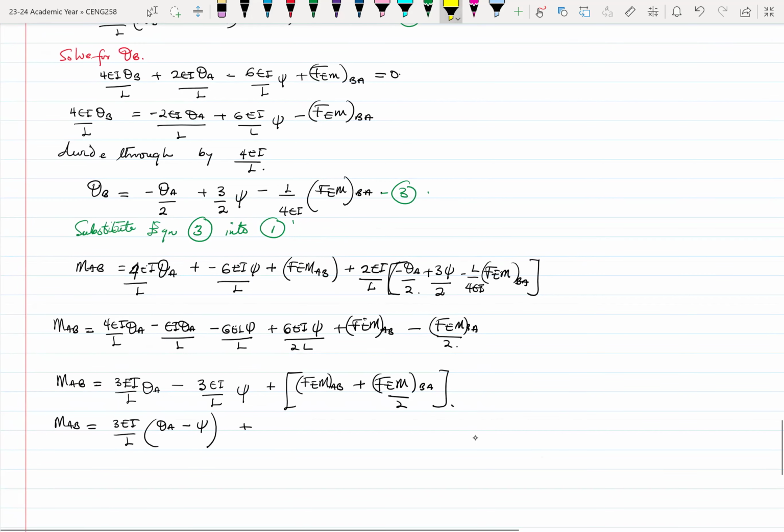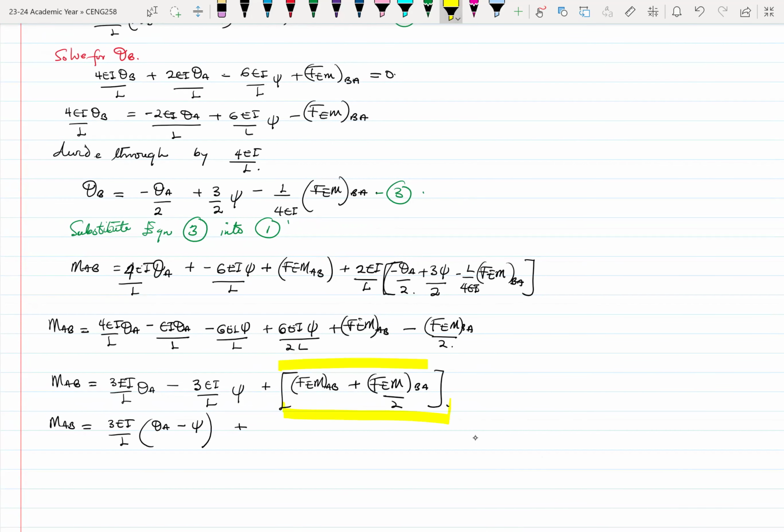this equation can be written in an interesting format. Here we are assuming the fixed end moment at AB and then half the fixed end moment at BA.